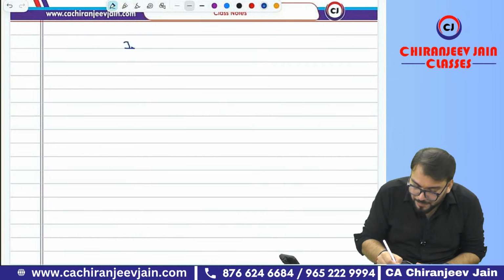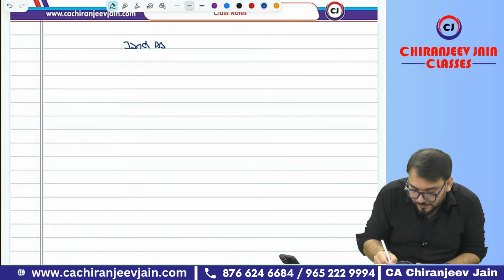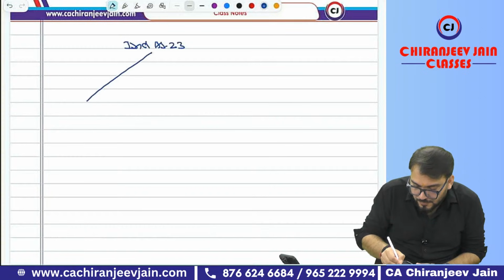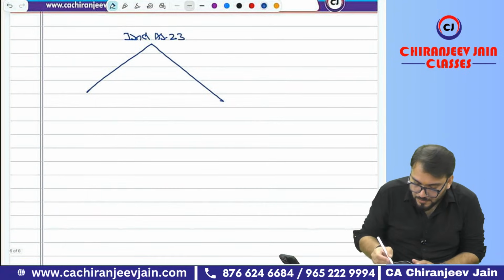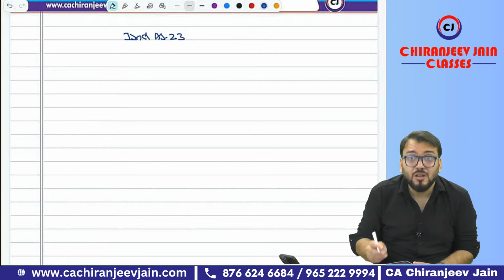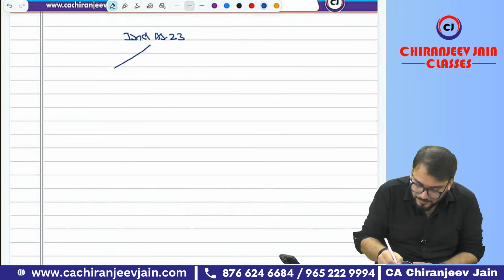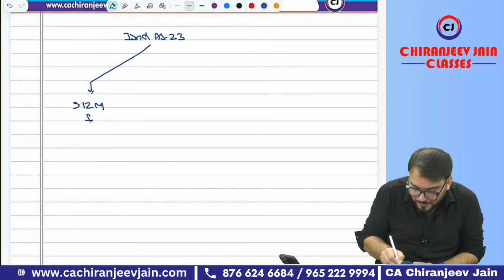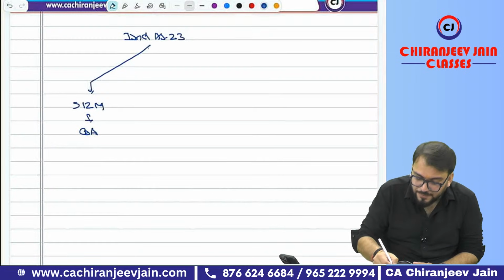If it is a question of Ind AS 23: taking more than 12 months, it is a qualifying asset.